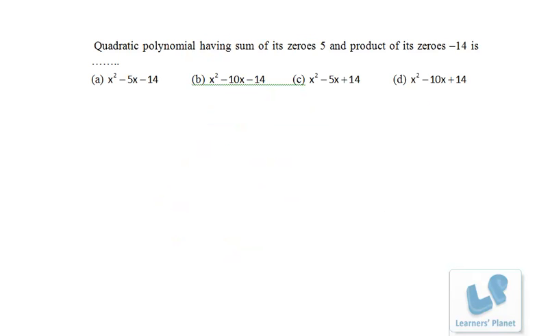Similarly, quadratic polynomial having sum of its zeros as 5 and product of its zeros as minus 14 is. Now sum is 5 and product is minus 14, right? So what we can do, if the questions are option based, we can see from the options where the sum of roots is 5 and product is minus 14.